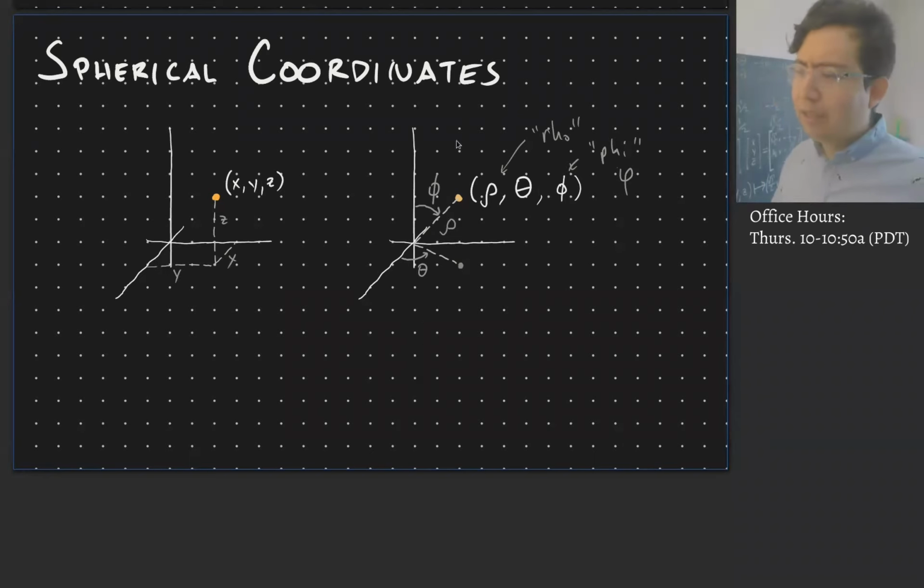I think in physics or some engineering disciplines, this is sometimes called the azimuth, which is a fancy name that you'll never use again. I believe that's what it's called.